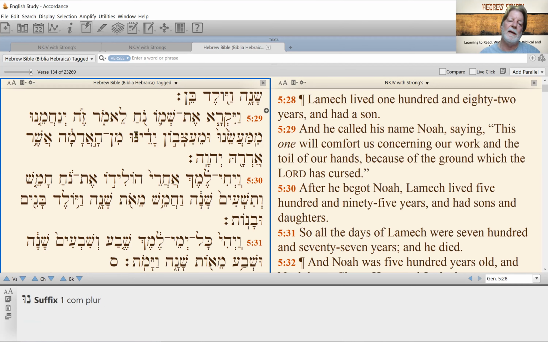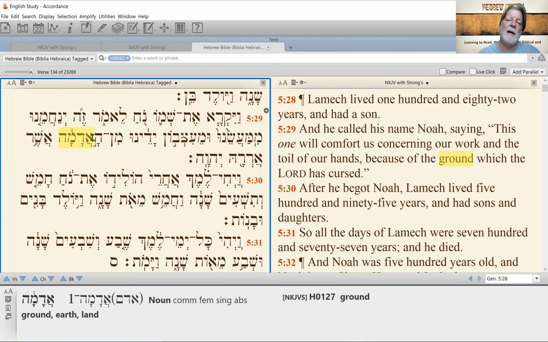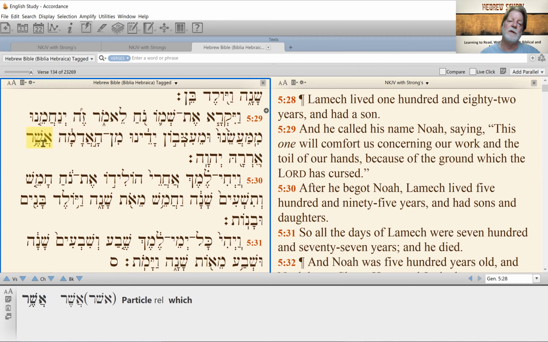Yadenu is our hands, the work of our hands. Min ha'adamah. The adamah is like the soil of the ground. So Lamech was probably a farmer who worked the soil and really toiled and labored. And he's saying, this son of mine is going to give us all rest from our work. And in a sense, in a way, that's a true prediction.